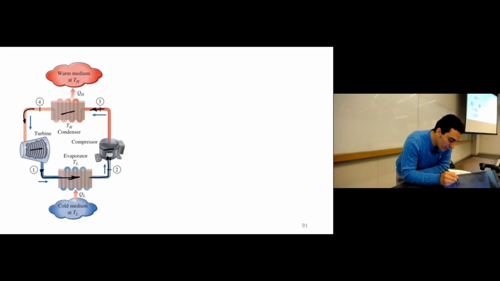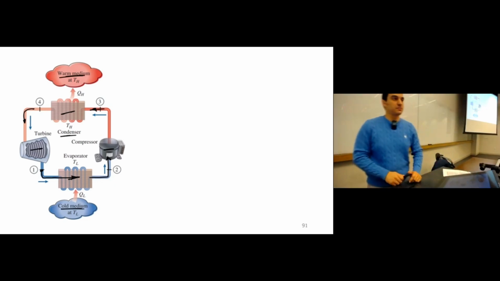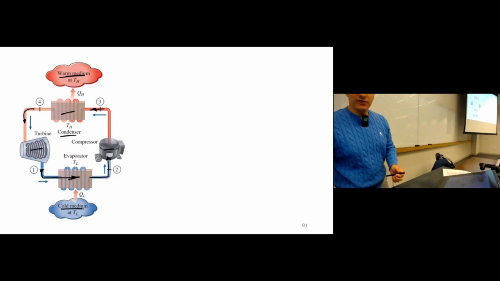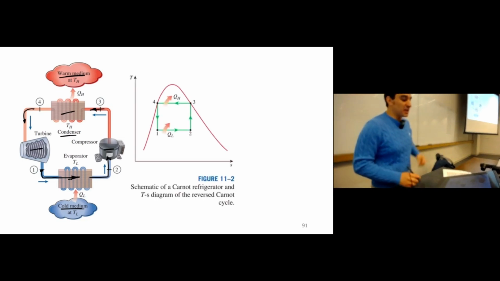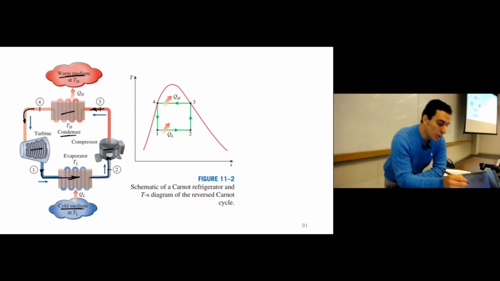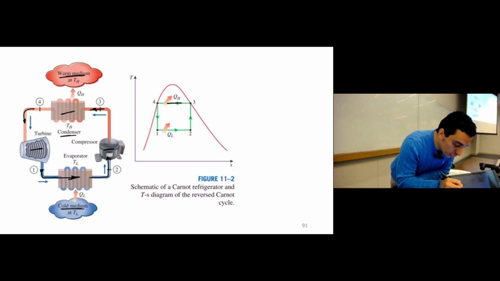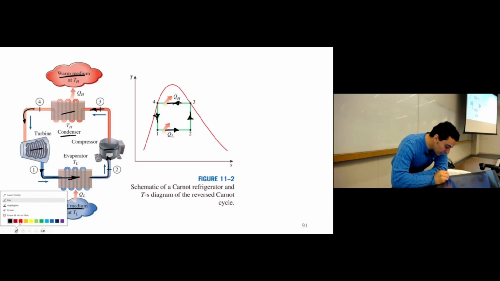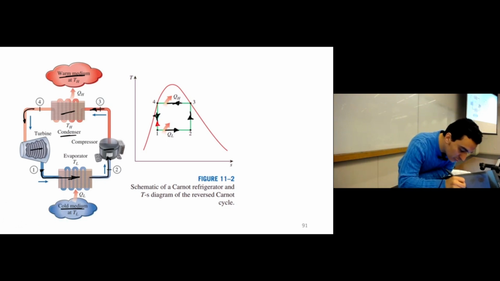Number two, we have the evaporator or the boiler operating at low temperature. We have the condenser operating at high temperature. Okay. So if we do this, the TS diagram is almost the same. We have a TS diagram with two isothermal paths and two isentropic paths, but if you see the arrow here, the arrow direction is reversed. Previously in the power cycle, we were moving in this way.